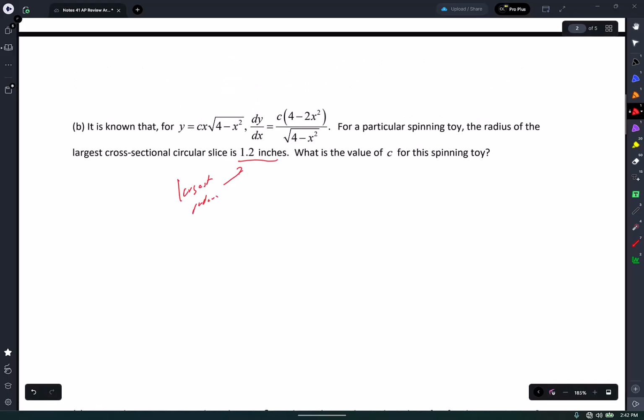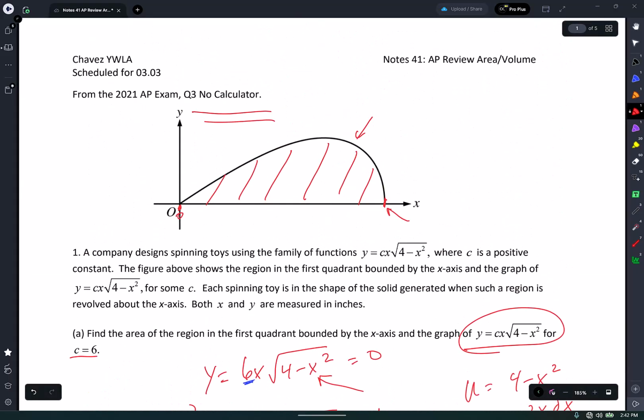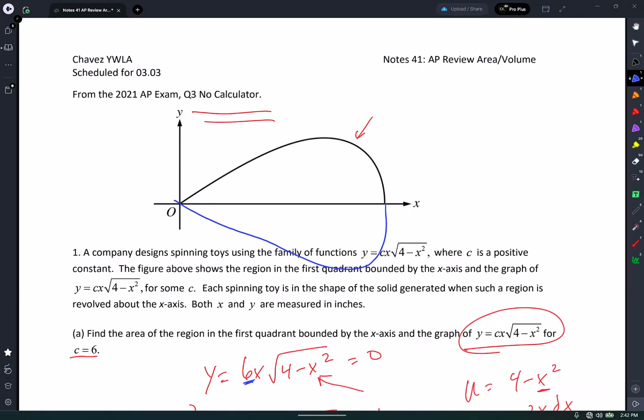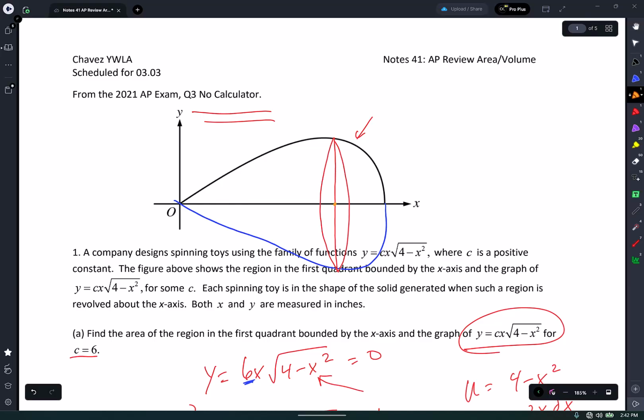Okay, let's go back and look at this. Do you see where the biggest slice is at? Right here. You guys see that? This is a disc. Not that it matters at the moment, but the radius is the distance from the x-axis to that curve.